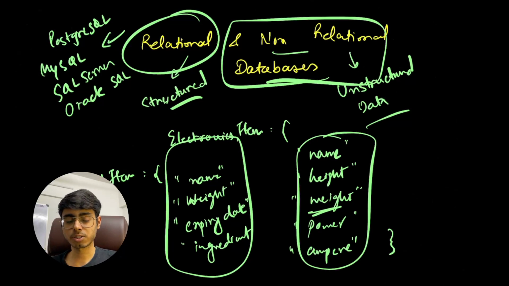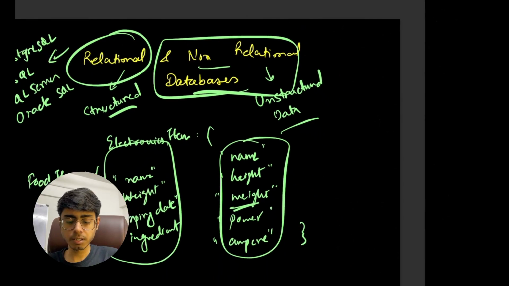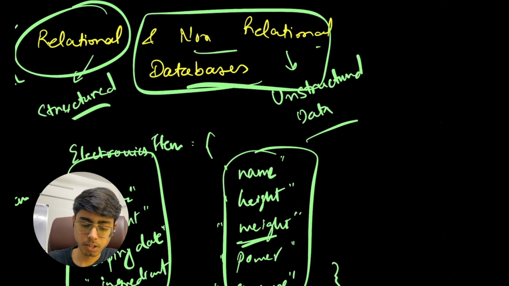There are various types of non-relational databases, but here the schema of your data point, the schema of your entry, may not be consistent. It can change from product to product or from document to document. Various non-relational databases are there. We have one famous one, if you're a beginner, Cloud Firestore.